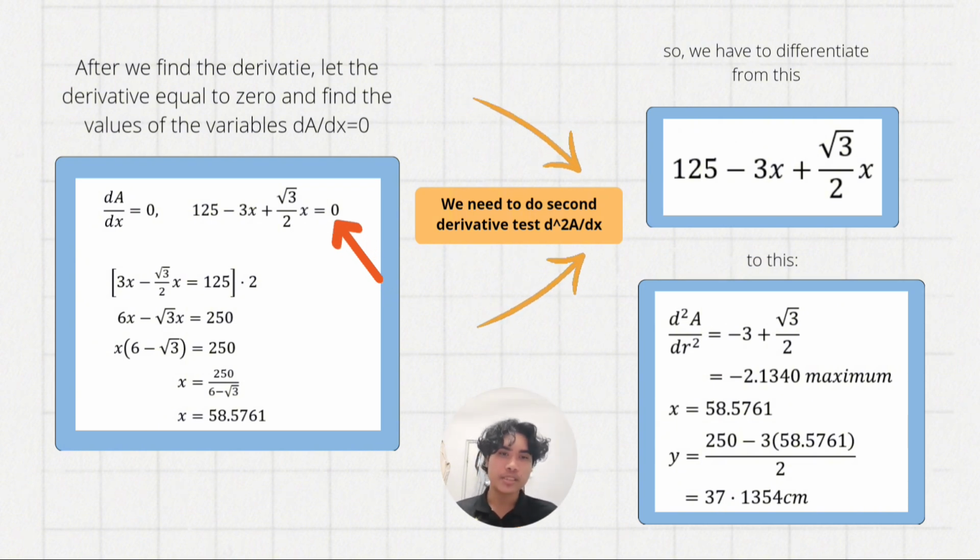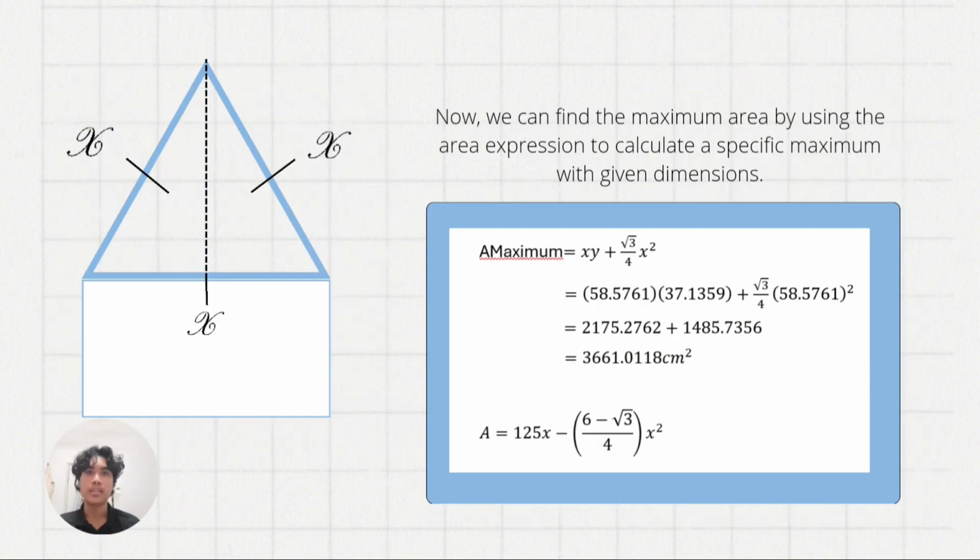Then we bring x to the formula for y, so we have (250 minus 3 times 58.5761) over 2. After solving, we have 37.1354 centimeters.